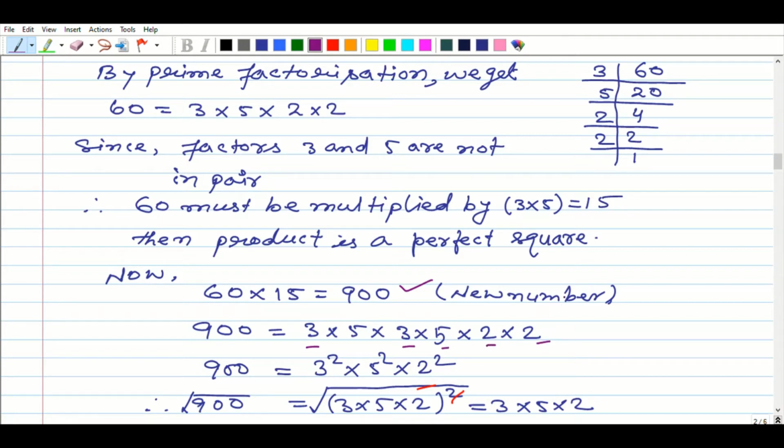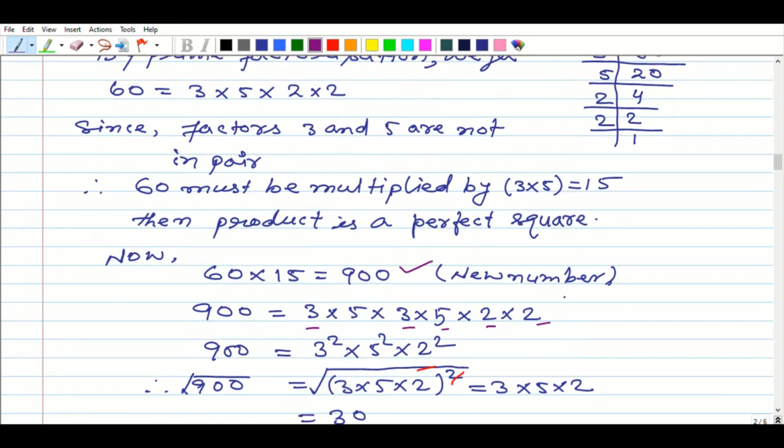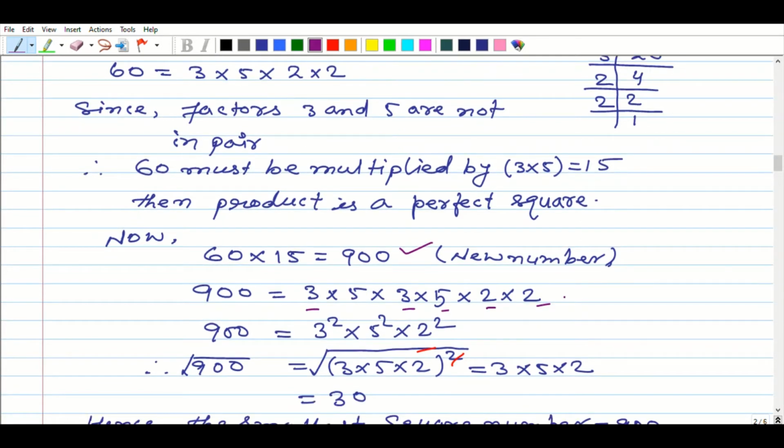So 900 equals 3 square into 5 square into 2 square. So the square root of 900 equals 3 into 5 into 2 whole square under the root. The root and square cancel, then we get 3 into 5 into 2. That product is 30. So hence the smallest square number is 900.